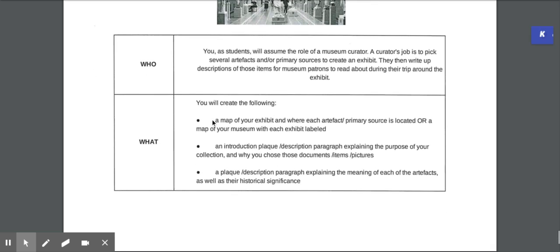Part of that project will require a map of your exhibit and where each artifact or primary source is located. You can either choose to do a specific exhibit highlighting a single civilization, or you can do a museum for the era of 1200 to 1450 and have one primary source for each different region or civilization.